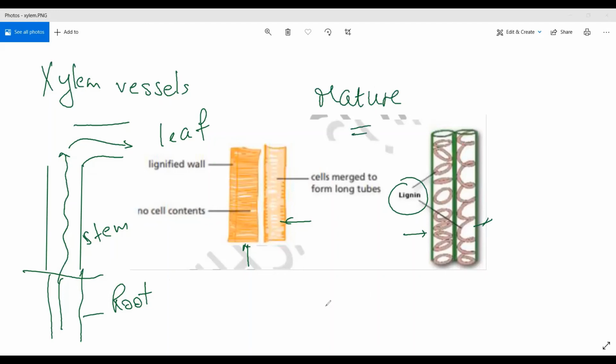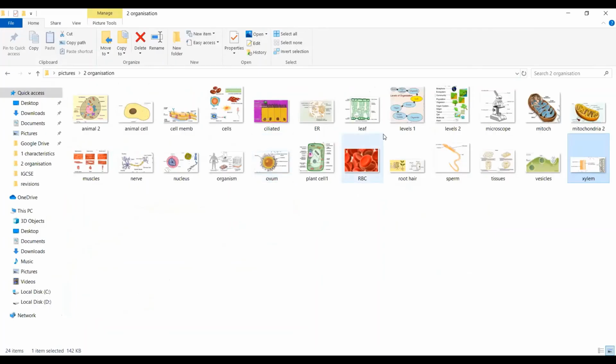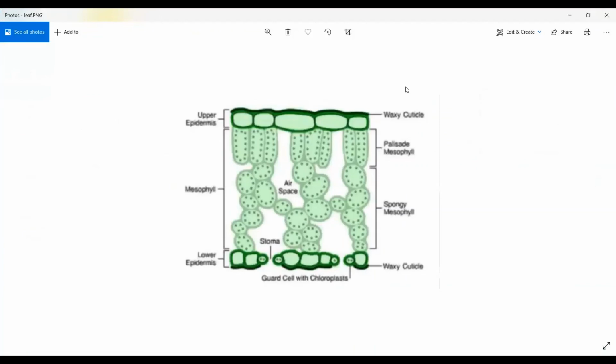Another adaptation for the plant cell is the presence of the palisade cells. Now here is a section of the leaf, and we have these cells. They are called the epidermal cells. Look at these cells.